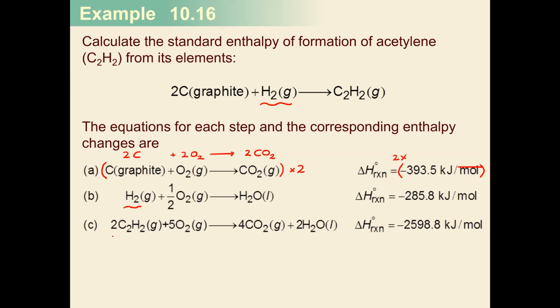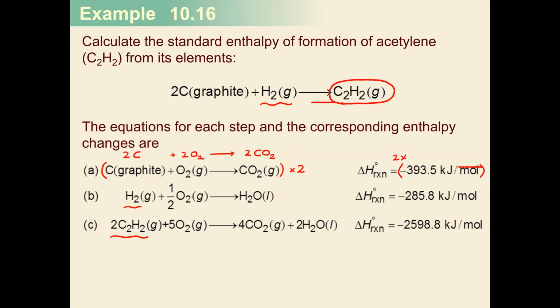Notice that my C2H2 is on the wrong side. I need it to be a product. The other thing you will notice is that in my constituent C reaction, I have 2 of my acetylenes, but I only need 1. So what I'm going to do is flip this reaction and divide it by 2.